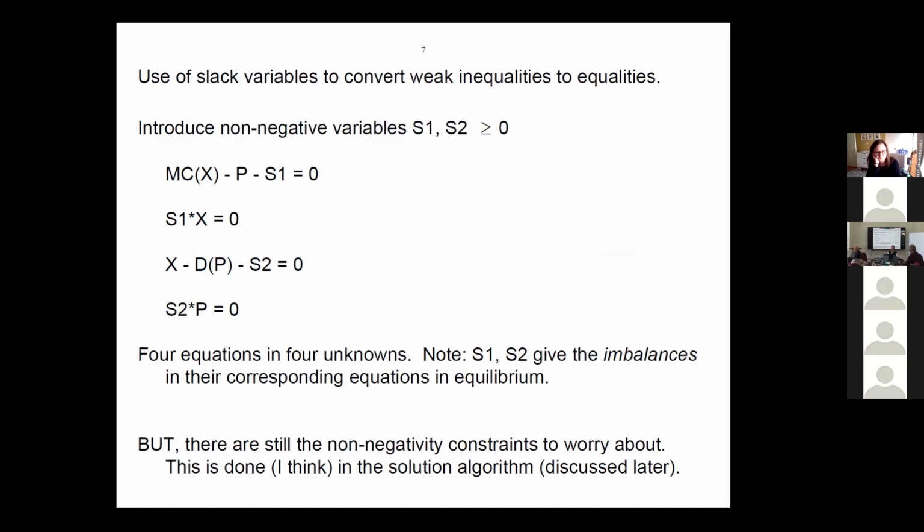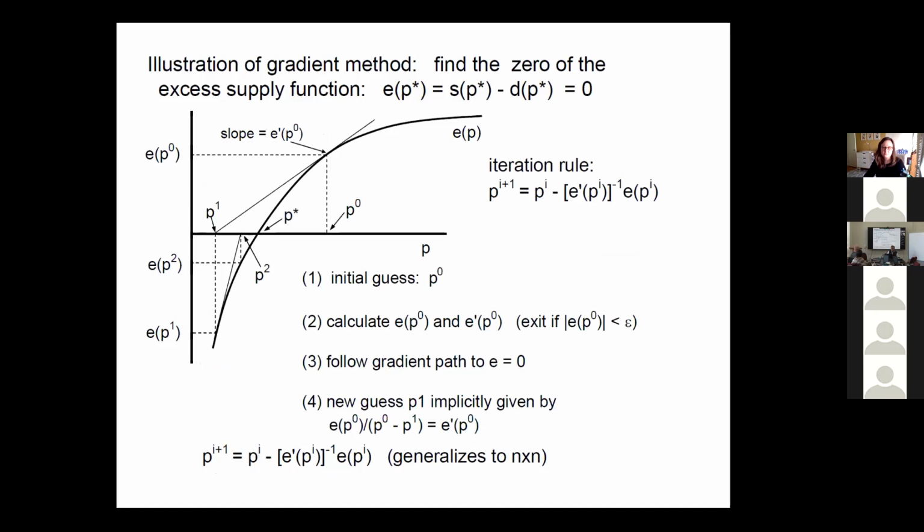So the solution is if marginal cost equals price, the slack variable is 0. If marginal cost is strictly greater than price, in equilibrium, the slack variable is positive. S1 times the quantity is zero. And the same thing for the supply and demand. So that's the underlying Kuhn-Tucker framework that converts these weak inequalities to equalities for the solver using these added variables. And you don't have to put them in, the software puts them in by itself. Okay.